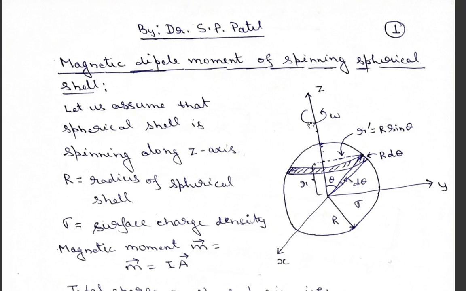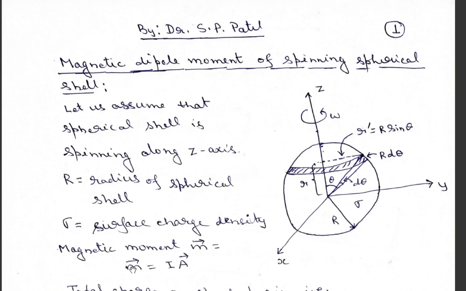As I said earlier, if it is rotating with angular velocity omega, this surface charge will also move along with the spherical shell. If surface charge moves, this will give a current on the surface of the spherical shell. If there is current, obviously there will be a magnetic field, and obviously there will be a magnetic dipole moment.